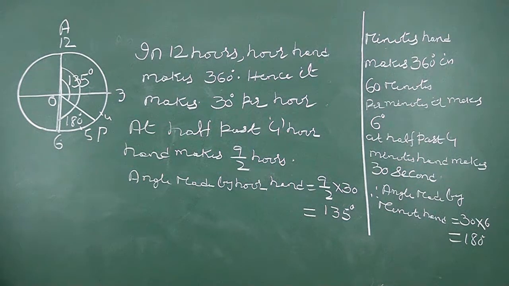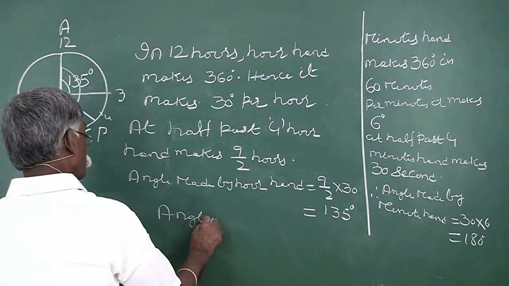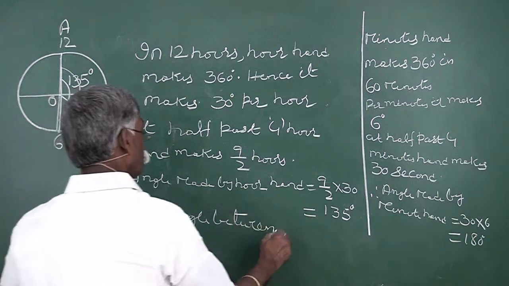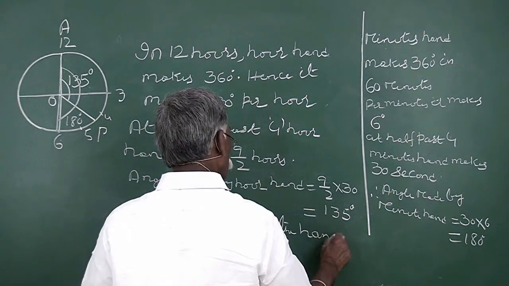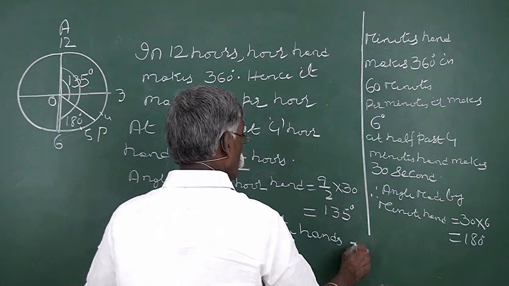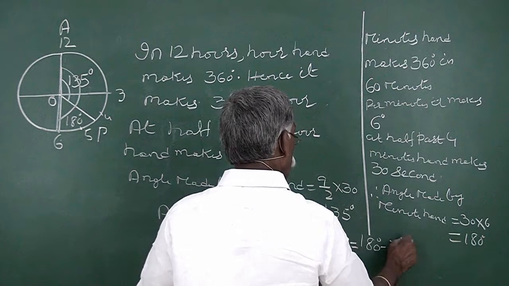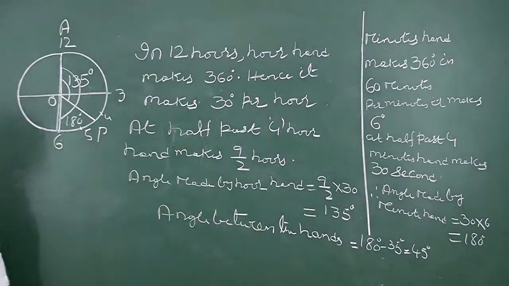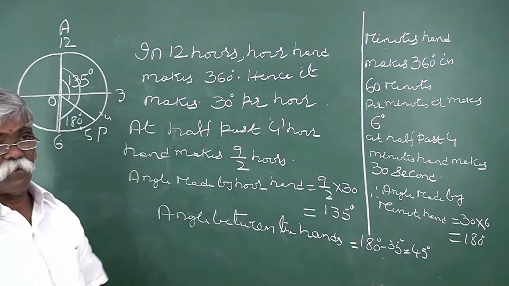So therefore the angle between the hands is equal to 180 minus 135, equal to 45 degrees. So in 12 hours the hour hand makes 360 degrees, hence it makes 30 degrees per hour.